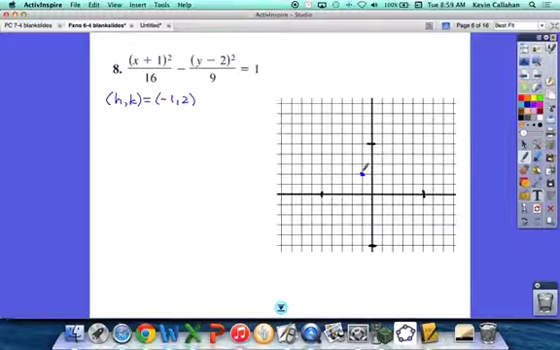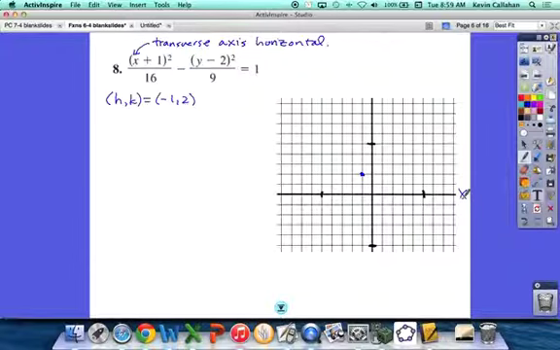Horizontal transverse axis, because the x term is first, and the x is the horizontal coordinate, right? It tells you how much to go left and right.